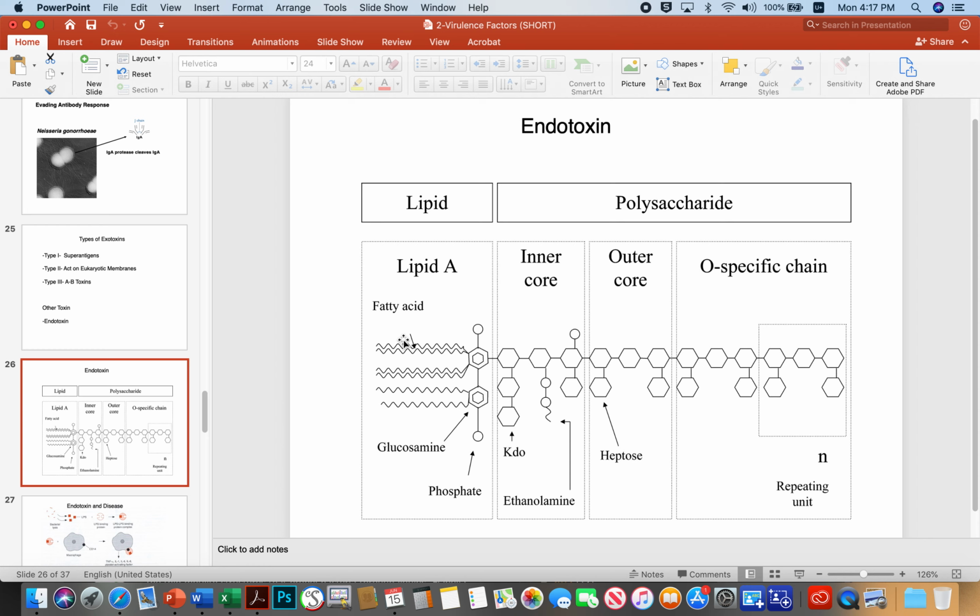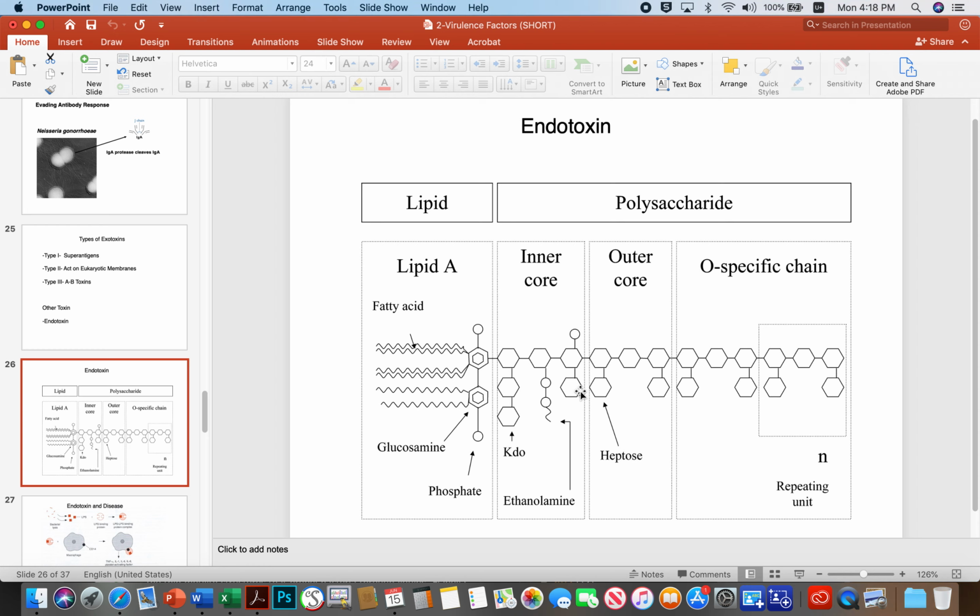part of the gram-negative outer membrane. The basic structure is a lipid followed by a polysaccharide. More specifically, the lipid is called lipid A, and it's this molecule here. This would be embedded in the outer surface of the gram-negative bacterium. Then there's a fatty acid layer, and again, this makes up the outer membrane of the bacterium.